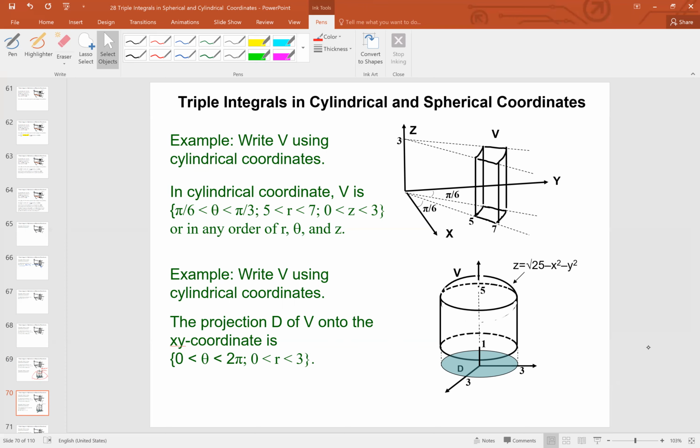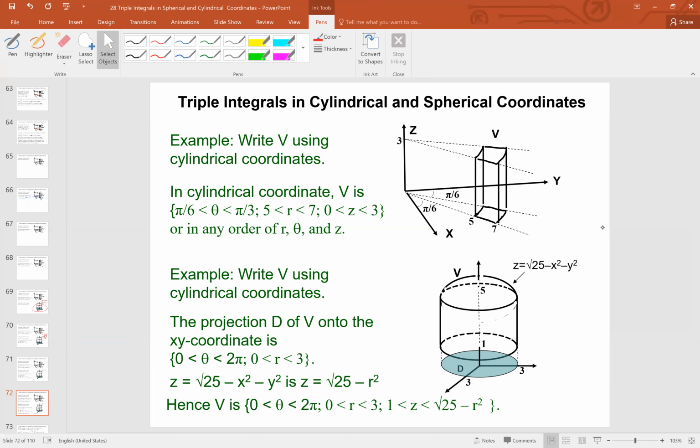It goes up to the round sphere, z equal to the square root of, again, we see x squared plus y squared, so this is minus r squared. So we're looking for minus x squared minus y squared, or x squared plus y squared, and that changes to r squared in the cylindrical. So this is a description of this tank, oil tank, if you like.